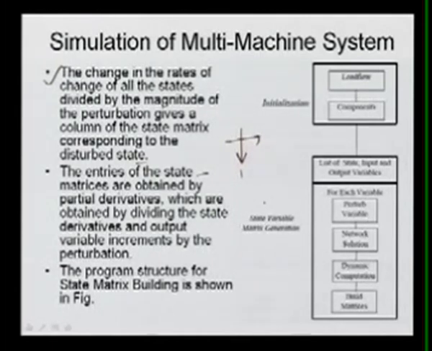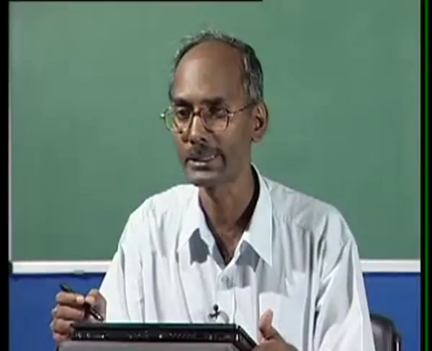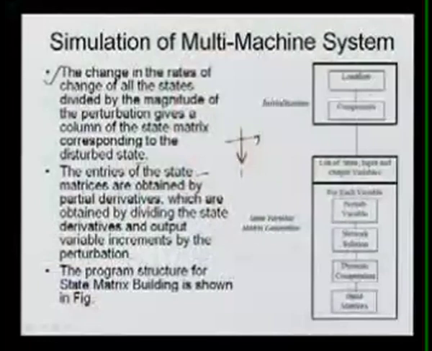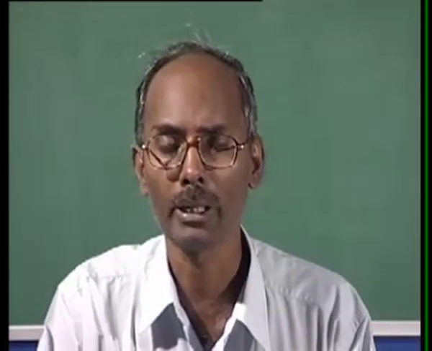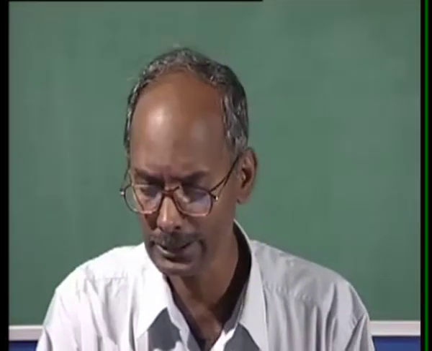From the program structure in this figure, you first have to run the load flow because we require the initial operating condition. Then we initialize the components of the various states, for example delta and omega.